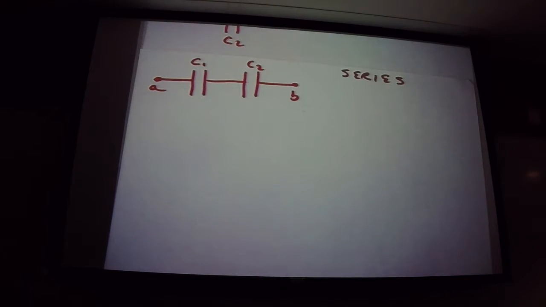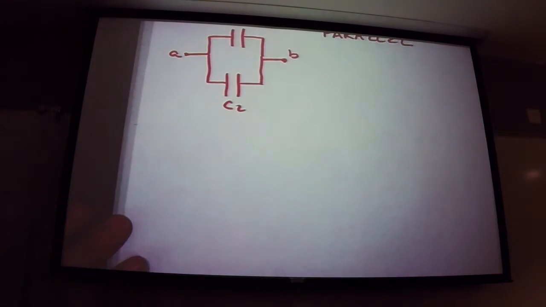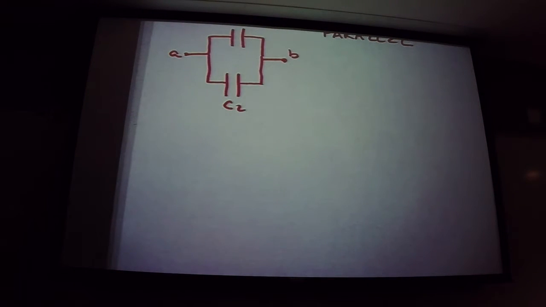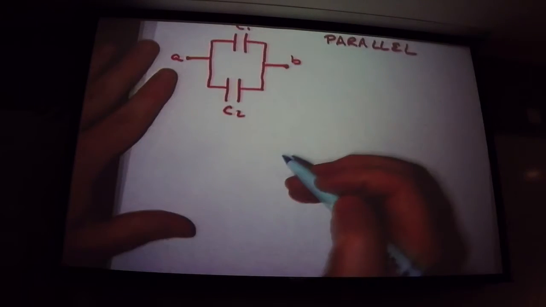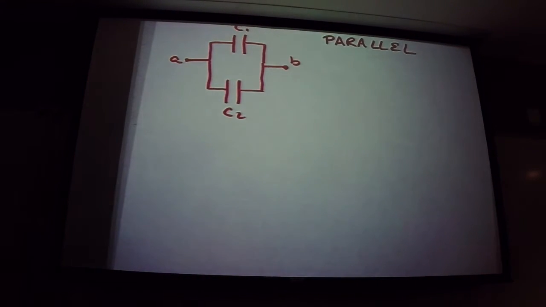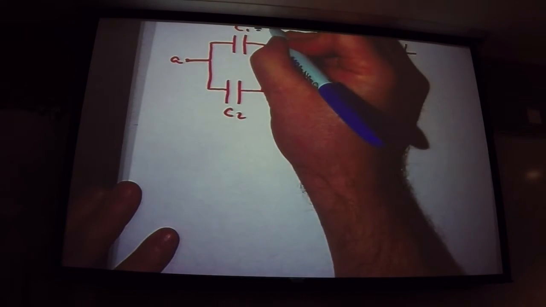What we want to do is find an equivalent capacitance for each combination. In other words, I want to replace both of these capacitors with a single capacitor and store the same amount of charge. So for my C1, well, that's the voltage on that particular capacitor.